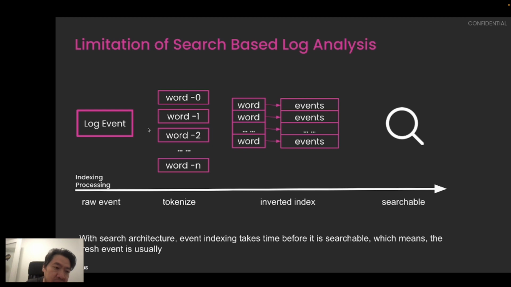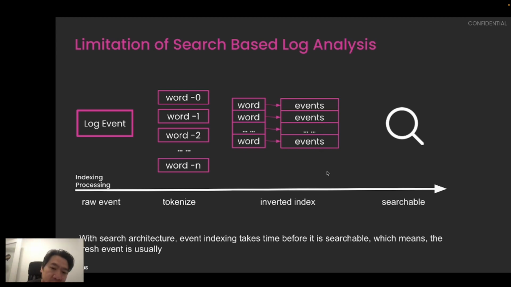So we turn the log data into words, and we build an inverted index. And then we can search, because there is a large amount of logs. Based on this inverted index, you can search if a specific word happens in some specific event, right? So this is the search-based architecture.